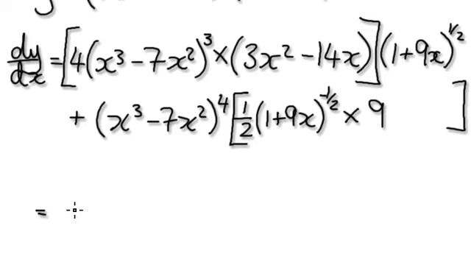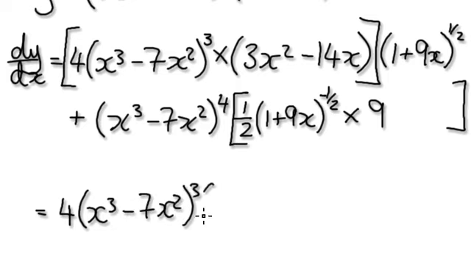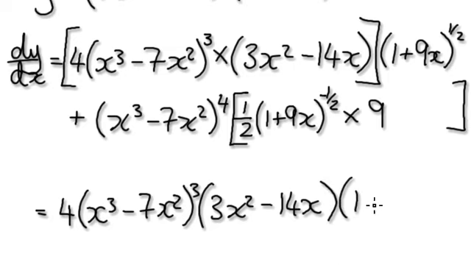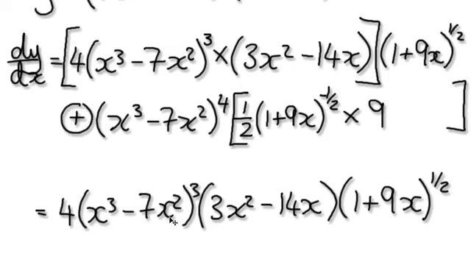So that will be equals 4 bracket x to the power 3 minus 7x squared to the power 3. We're not doing anything special, we're just tidying up. Basically, we don't actually need these brackets. So that will be this times 1 plus 9x to the power of half. Yeah, so that's the first part done, and then this plus here, let's plus it down here.